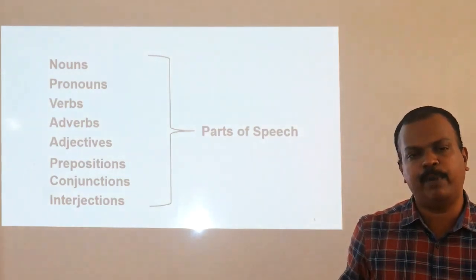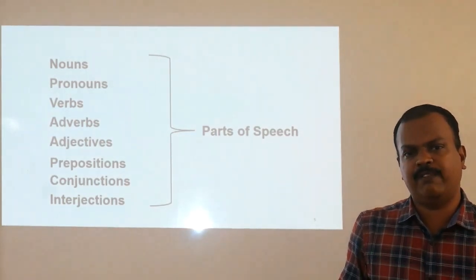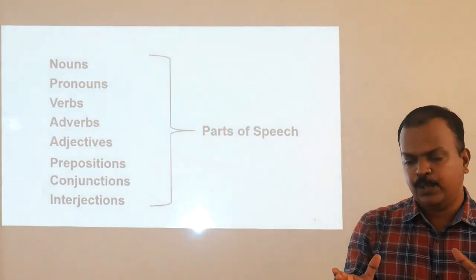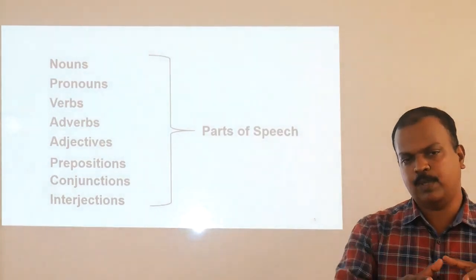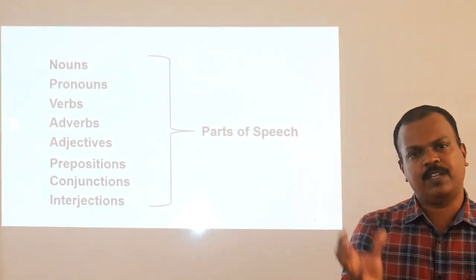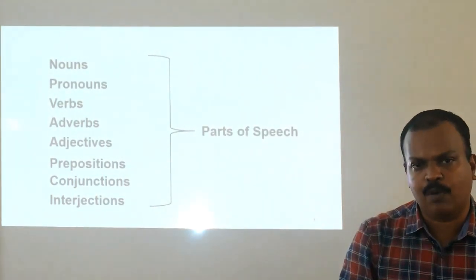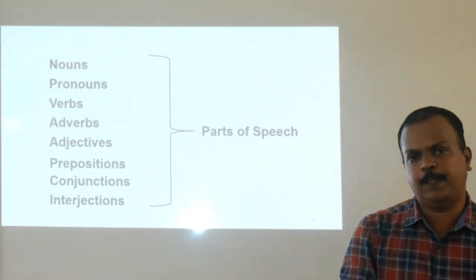They are actually building blocks of a sentence. You use nouns, verbs, adverbs in a sentence, put them in a proper place, and develop a coordination between them so that they express a complete idea. So that is the concept of these parts of speech.